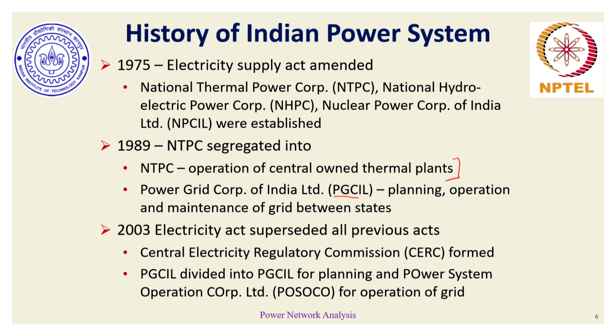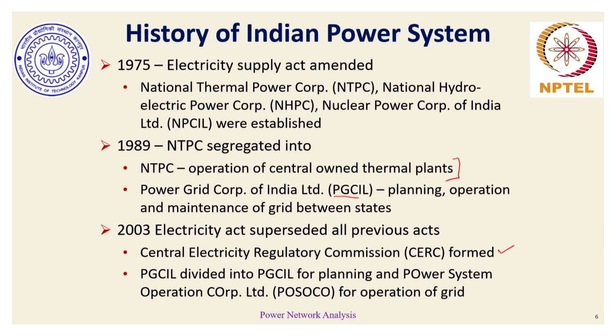In 2003, the Electricity Supply Act was further amended, and all these amendments were superseded by the changes that happened in 2003. As part of which, CERC came into existence, the Central Electricity Regulatory Commission, which is a regulatory body responsible for approving all policies and regulations that come in from the operational, installation and functioning perspective.